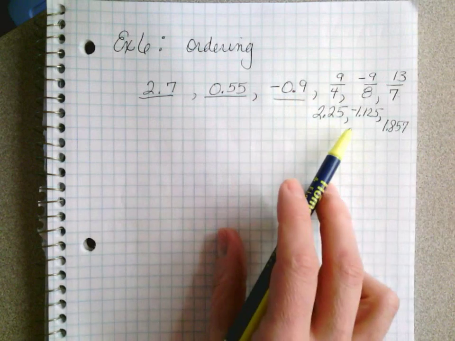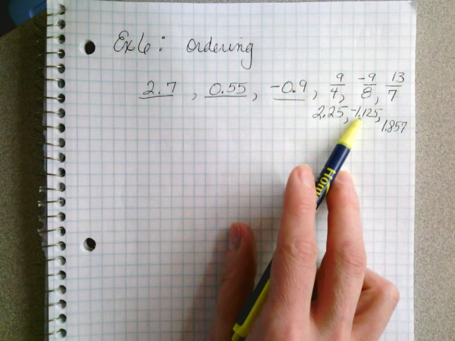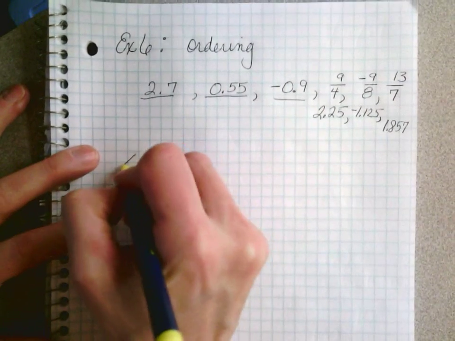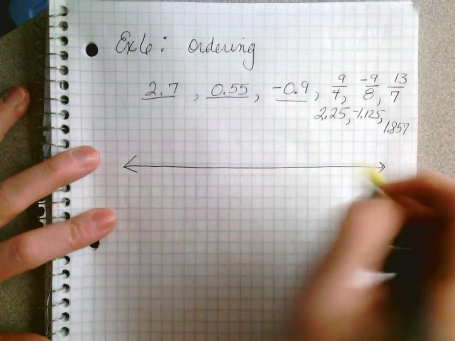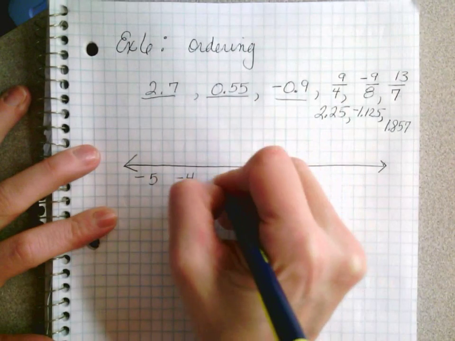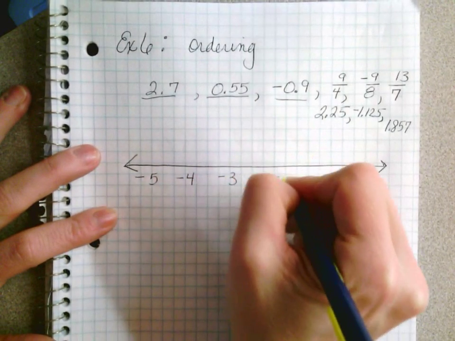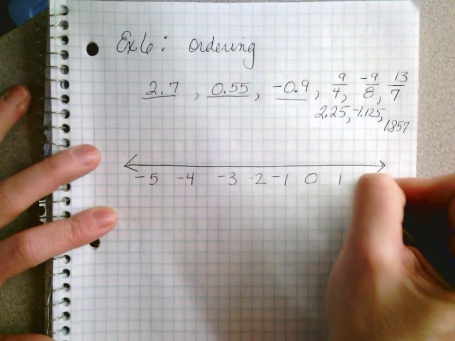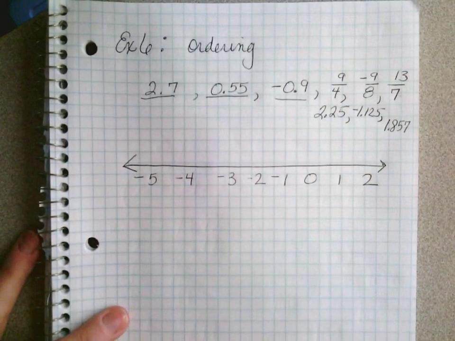Nope. It's this, honey. When you're going negative, the larger the number, the smaller it is. A negative number line looks like this. Just for sake of argument, okay?